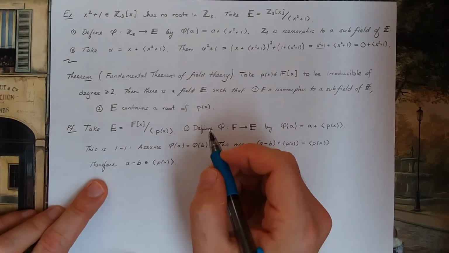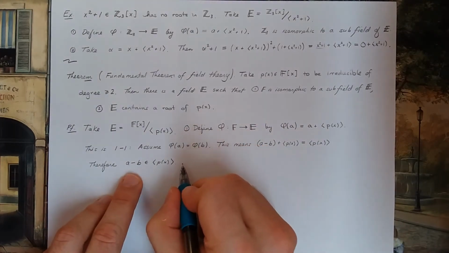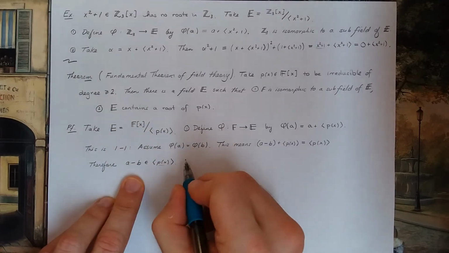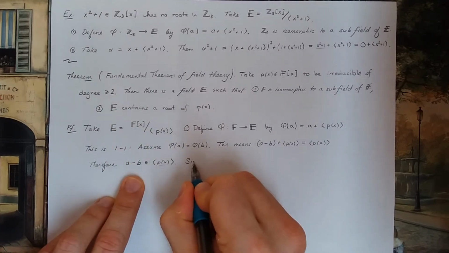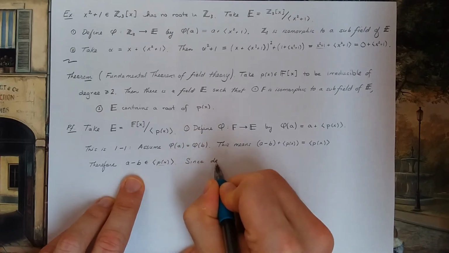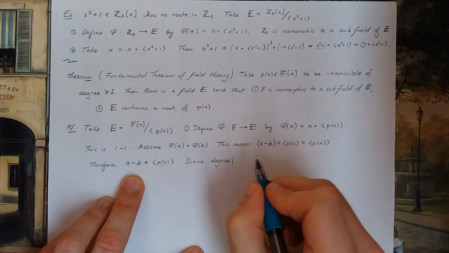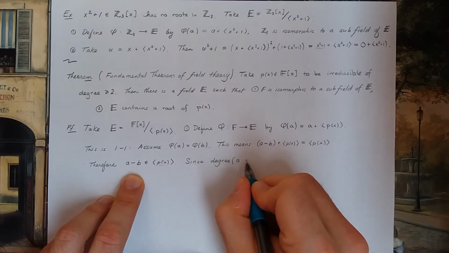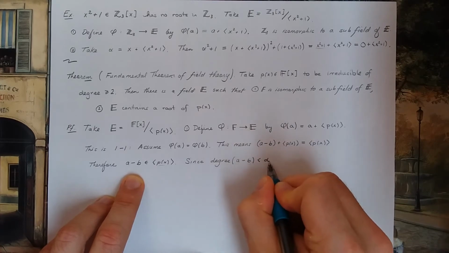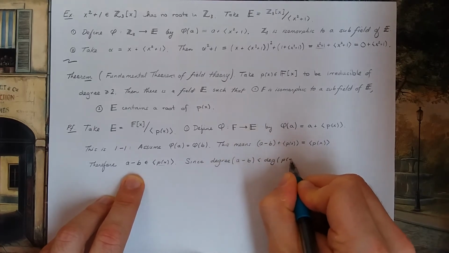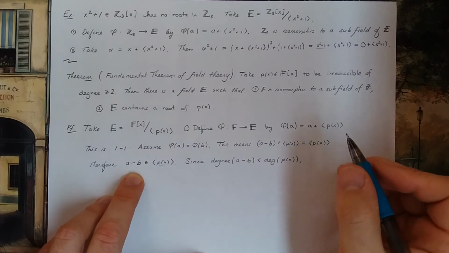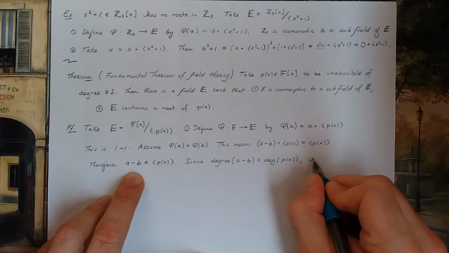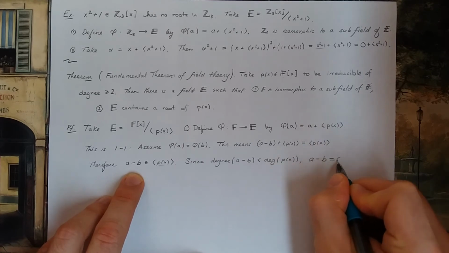So since P of x has degree bigger than or equal to 2, the degree of A minus B, which is just an element in the field, is less than the degree of P of x. This implies A minus B has to be 0.